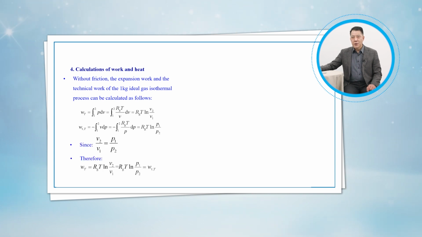From the process equation below, we then conclude that the expansion work is identical to the technical work by the 1 kilogram of ideal gas. These are some summaries for the isothermal process.